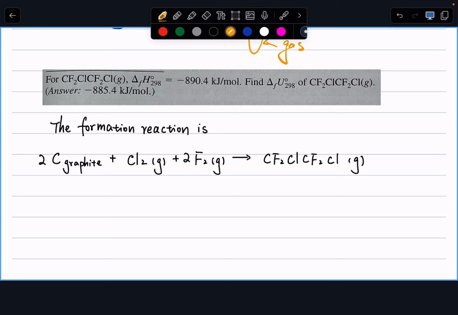So in this question, my delta nG, or the change in the number of moles of gas molecules, in my product is 1. In my reactant, that's 3. This is the formation reaction of your molecule CF2Cl. Your delta nG equals 1 minus 3 equals minus 2. And then just plug in the numbers.